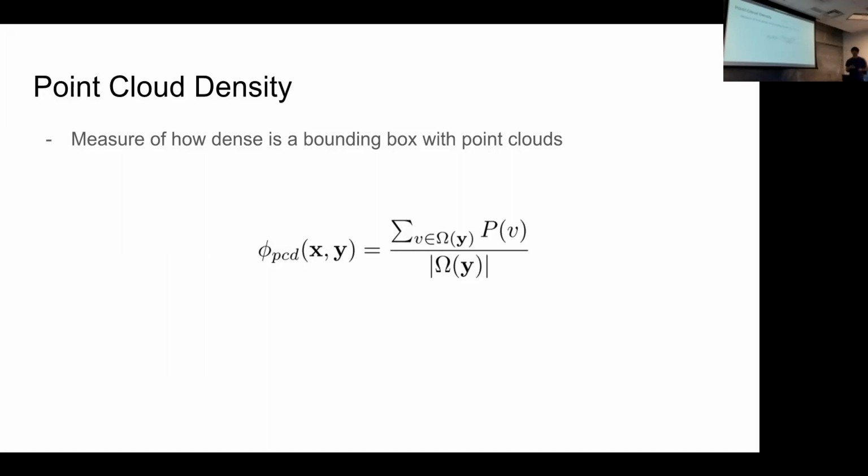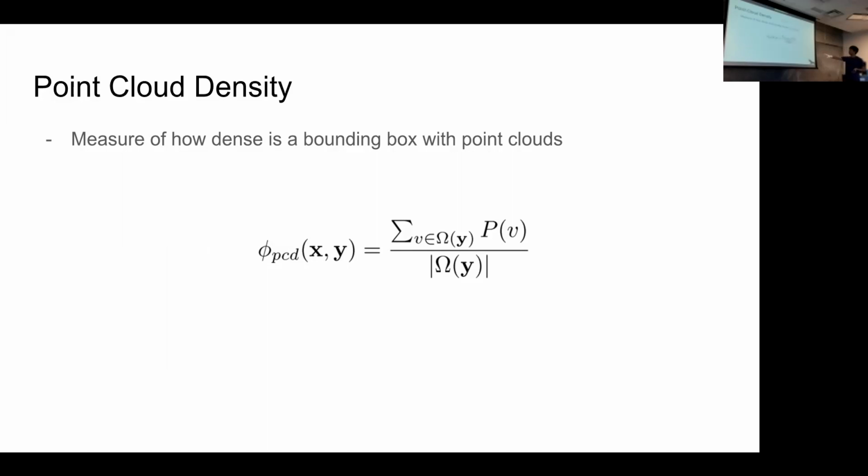It contains the coordinates, the orientation, and the class as well. Omega is the voxel grid contained inside the bounding box. X is the point cloud, and Y is the parameters that define the boundary.